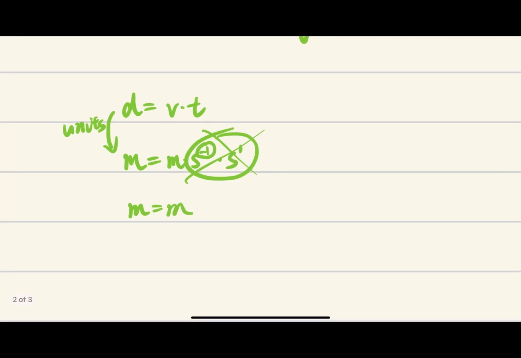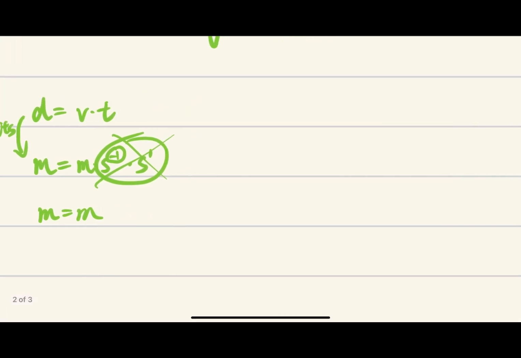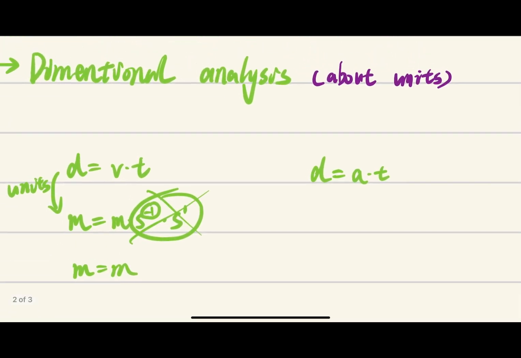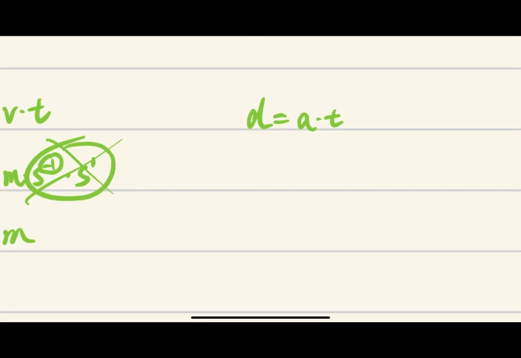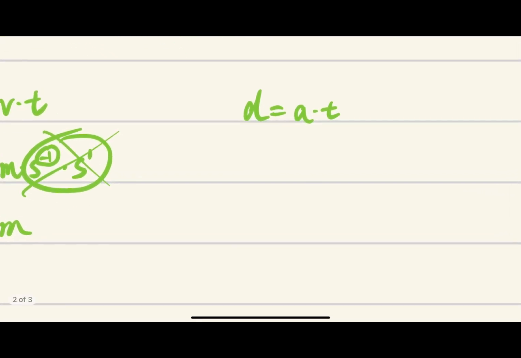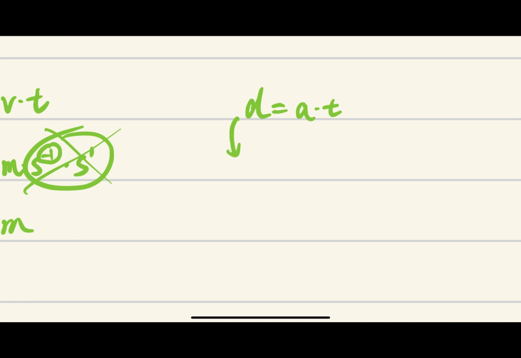Here's another example. Let's say that someone one day tells you that displacement equals acceleration times time, and you have no idea whether this equation is valid or not. So you implement your dimensional analysis. We write out the units on both sides of the equation. On the left side it's still meters.